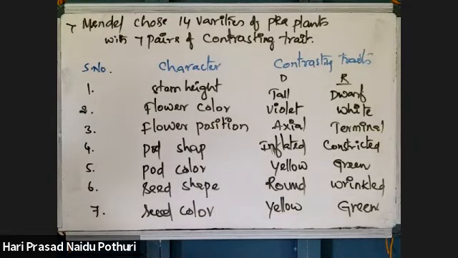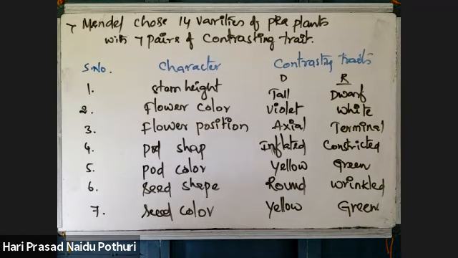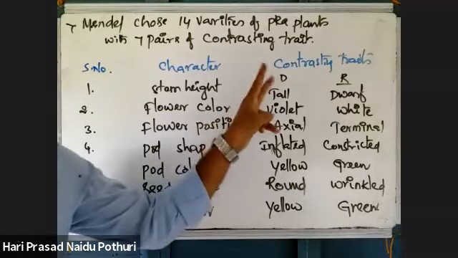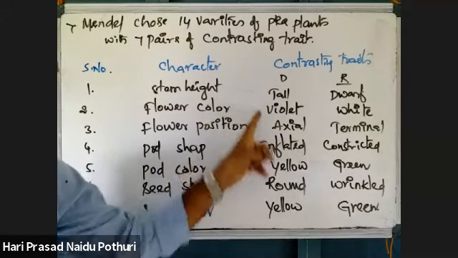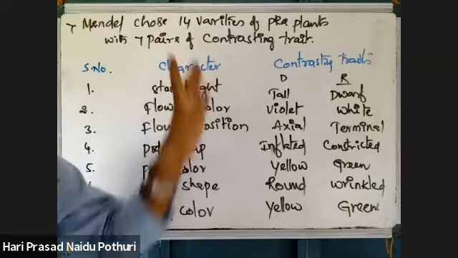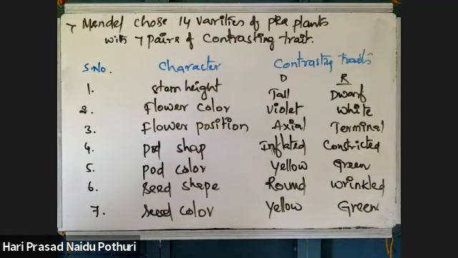Like that he chose 7 characters, each character with 2 contrasting traits. Totally 14 varieties he chose. He selected 14 true breeding varieties of pea plants.